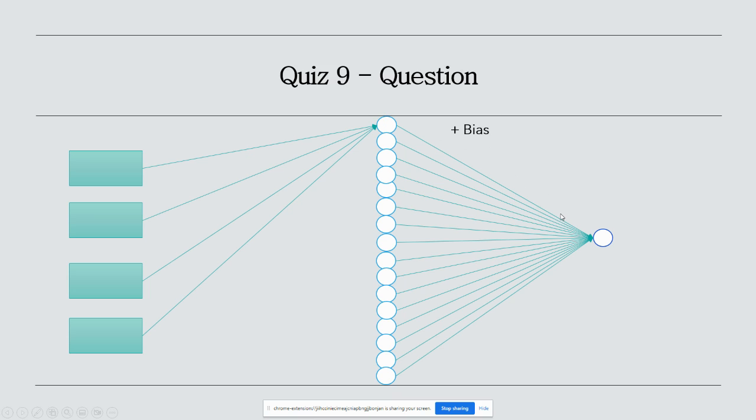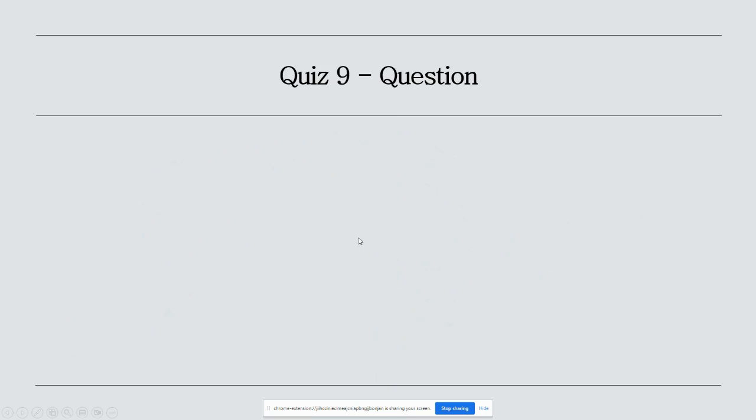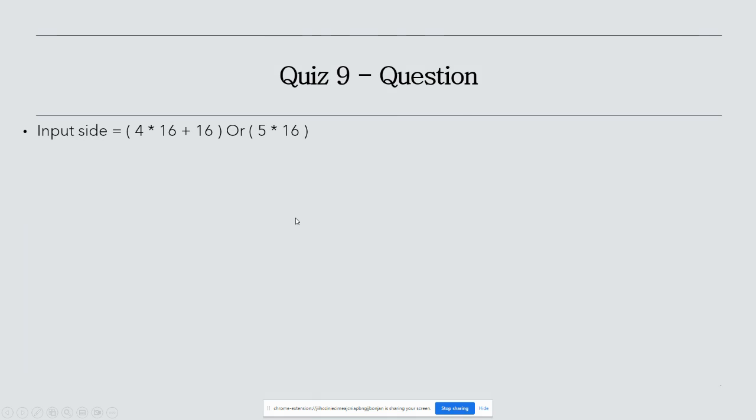So in this case, we only have 1 neuron in the output layer, so the bias will be 1. The formula of the input and output side is in this slide. After adding the two sides, the number of required parameters for this neural network model will be 97. So the final answer is 97 here.